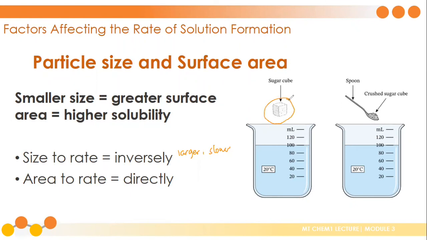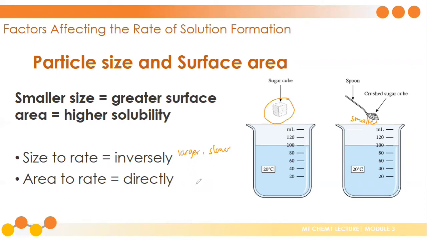If you put a sugar cube in a beaker of water, it will take a lot of time to dissolve, especially if you are not stirring it. But the crushed sugar cube or the granulated sugar, because it has a smaller size, can dissolve easily. It can easily be mixed with water. That's the size to rate relationship.